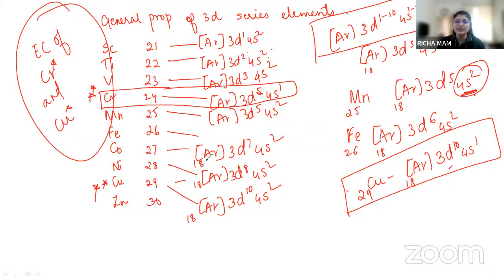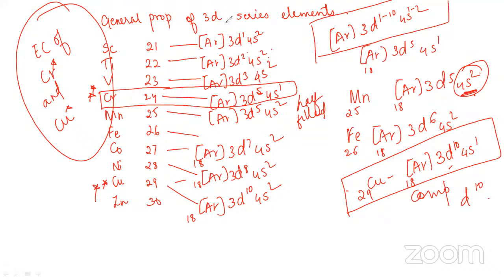Here it is half filled, here it is half filled, because for extra stability we see half-filled and completely filled electrons. So we have a completely filled d10 subshell here, and a half-filled d5 subshell here. So this is about your electronic configuration.